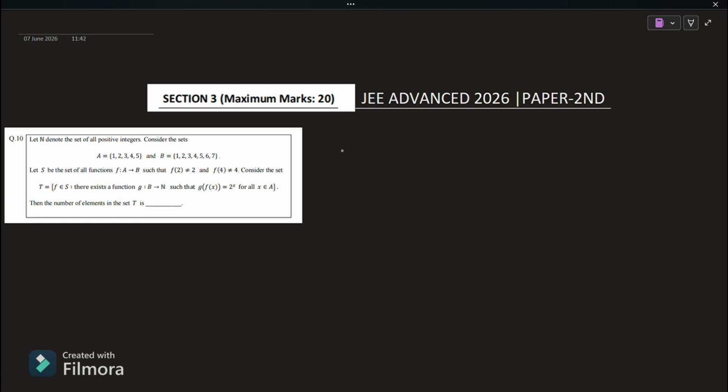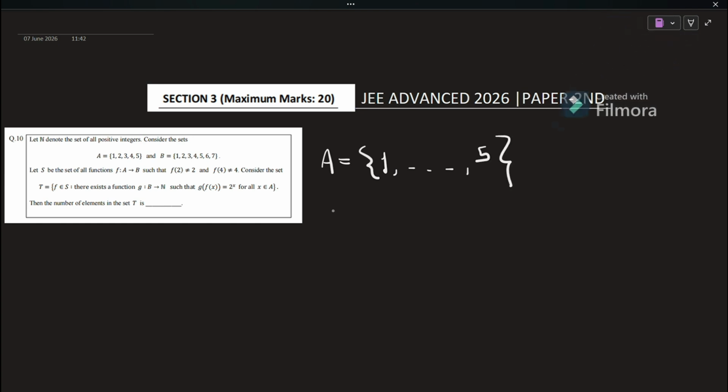Today we will solve JEE Advanced 2026 Paper 2nd, Section 3 Maths. In this question, we have a set A, 1 to 5, and set B, 1 to 7.